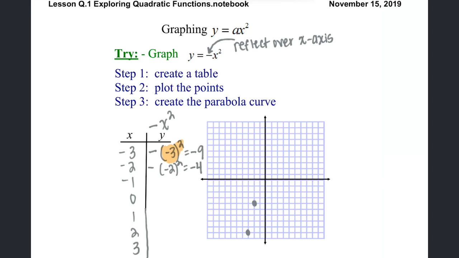So when you put a -2 in, you get a -4 out. And when you put a -1 in, the opposite of 1 is -1. When you put a 0 in, you get a 0 out. When you put a 1 in, you get -1 out. 2, -4, 3, -9. And you can see the symmetry.